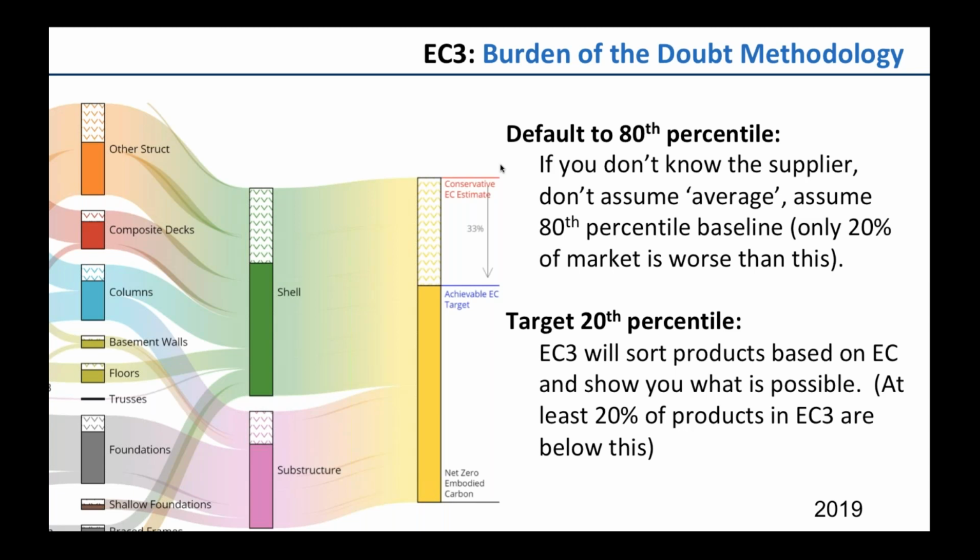Do you want to talk about the burden of doubt methodology, why 20th to 80th percentile? Sure. So the burden of doubt methodology comes into account actually in multiple places. It starts with that assessment at the EPD level, where we are assessing the data and how transparent and accurate it may be, and taking the high estimate of that variability as a declared number. So we want folks to drive towards better data.